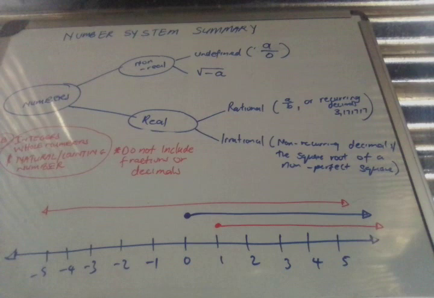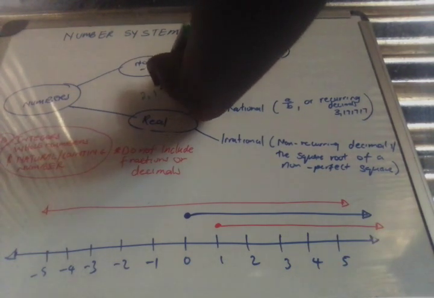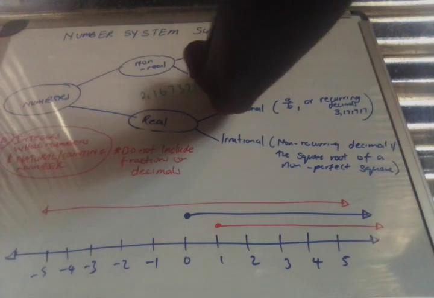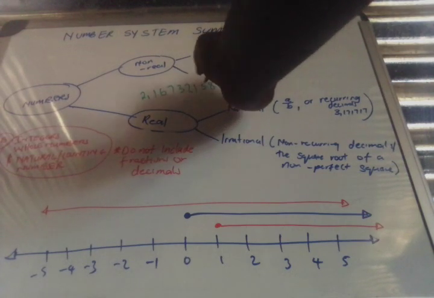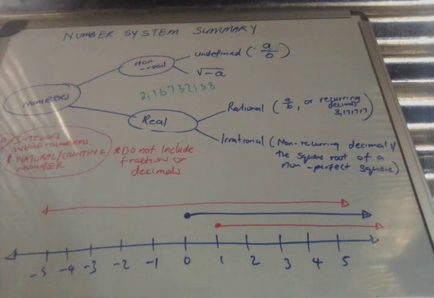So if you've got a number like, let's say, 216732158, this is a non-recurring number, so it's clearly an irrational number.